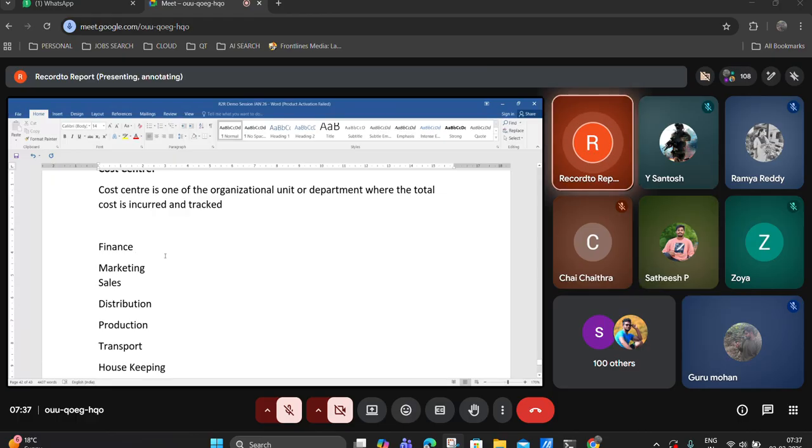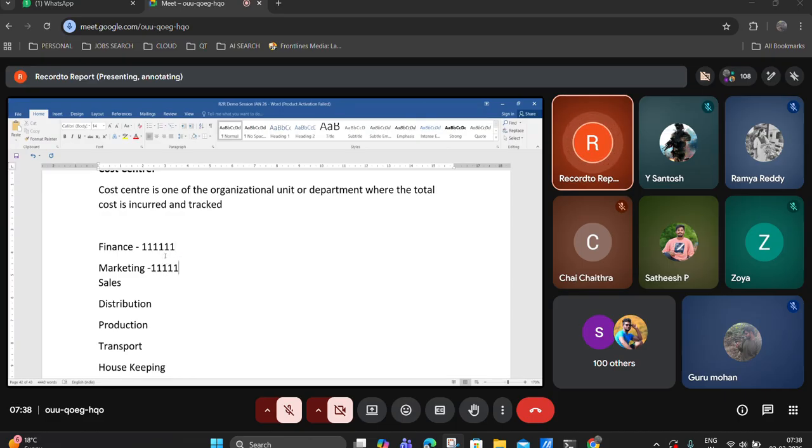Assume this finance department code is 11. Okay. So the next department code, I'm just giving an example, guys.